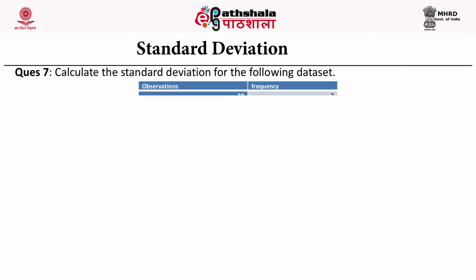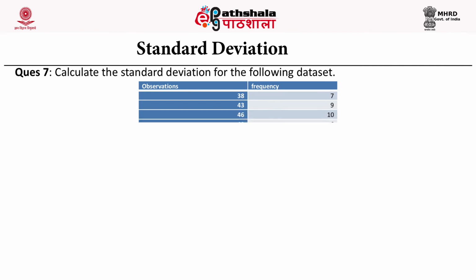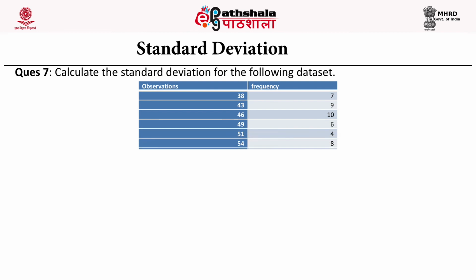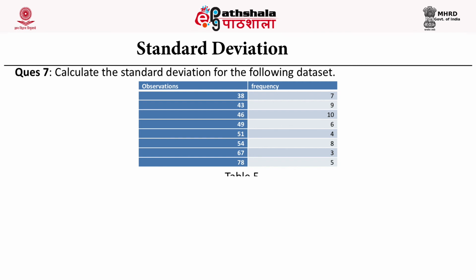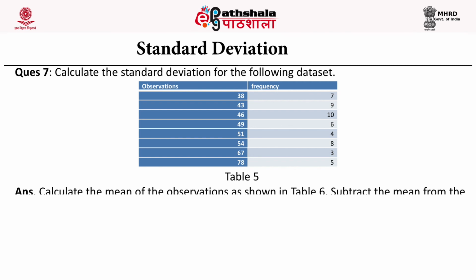Now calculate the standard deviation for the following data set. Here we have ungrouped frequency data, so we use the formula for evaluating standard deviation. Calculate the mean of the observations as shown in table 6 and subtract the mean from the observations as shown in the fourth column. Now take the square of these as shown in the fifth column.